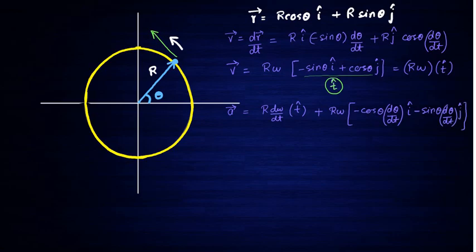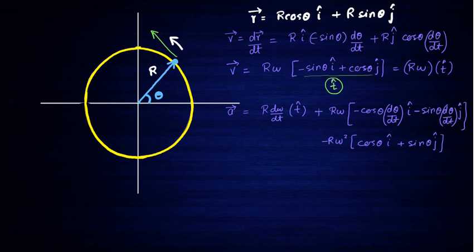So this is the derivative of t cap. Now you take d theta by dt outside, so you get minus R omega square, and then you get another vector cos theta i cap plus sin theta j cap.